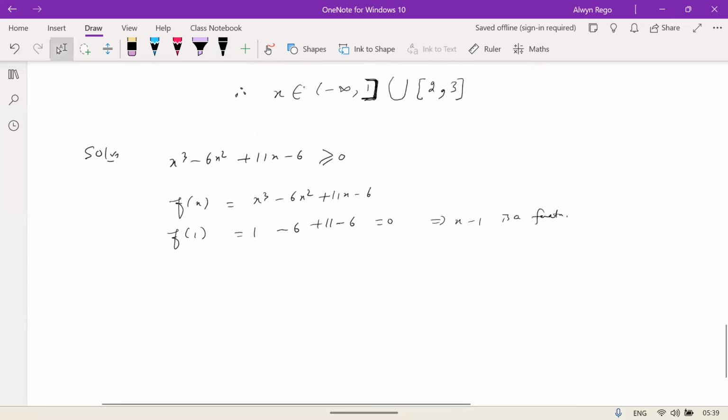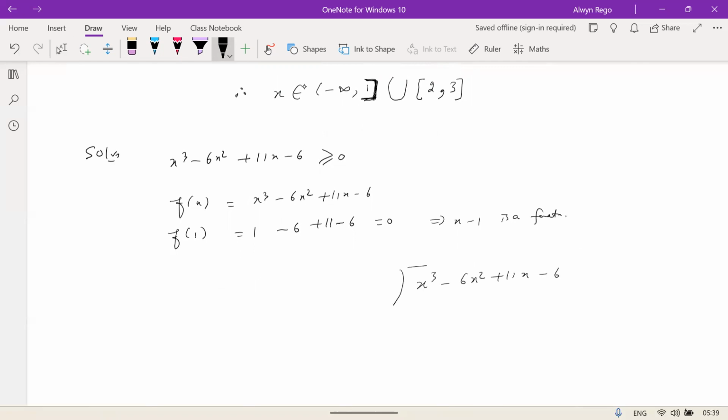Now you find the other factor. Either you divide by synthetic division, if you know of it, otherwise you divide by long division. You have x cubed minus 6 times x squared plus 11 times x minus 6, and you divide this by x minus 1.